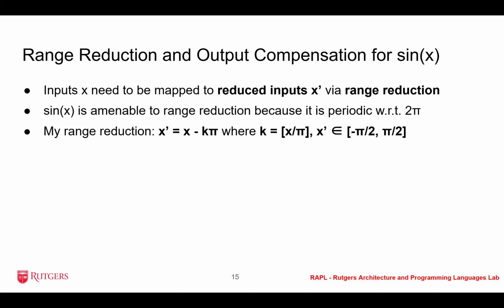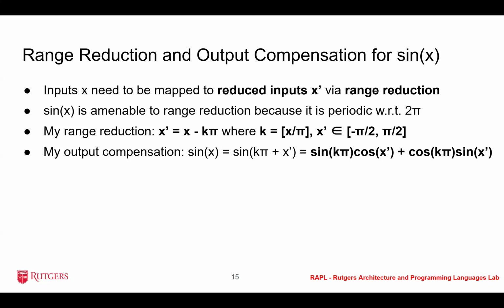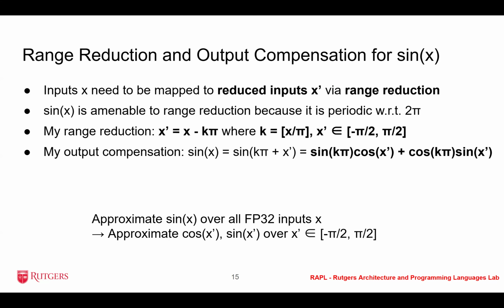The corresponding output compensation is as shown here. The range reduction described on the slide can be repurposed for cosine and tangent as well, and those functions just require different output compensation functions. And like before, through this range reduction and output compensation, I'm able to reduce the task of approximating sine over all 32-bit float inputs to just approximating cosine and sine over values between negative and positive pi over 2.